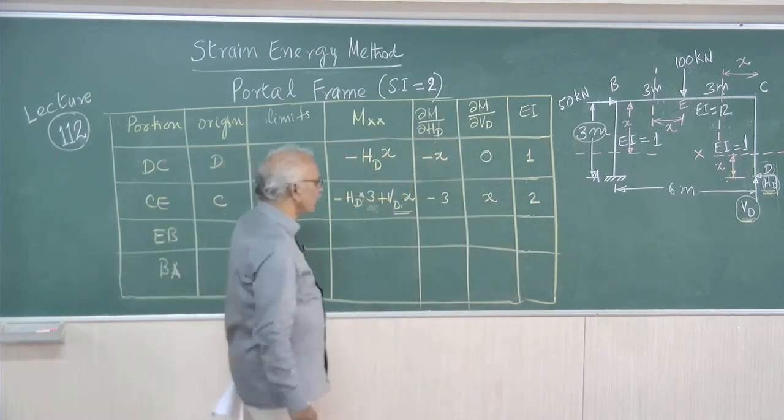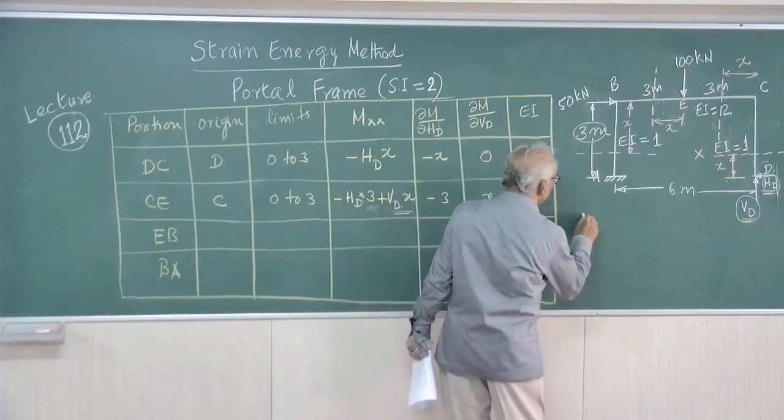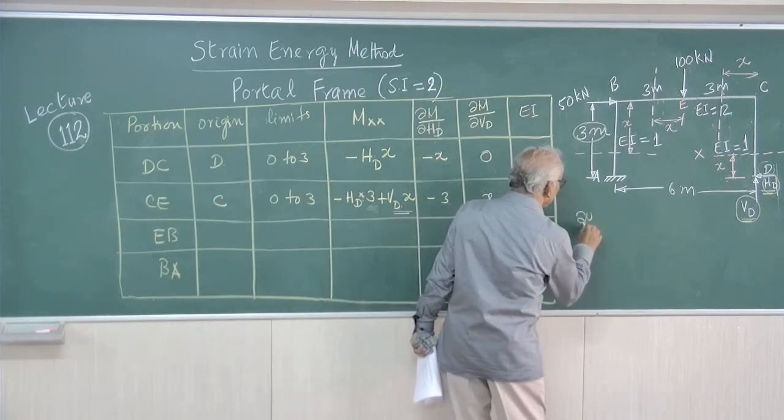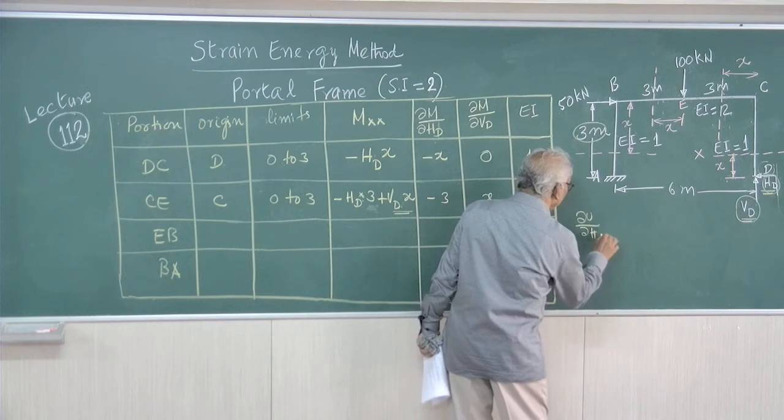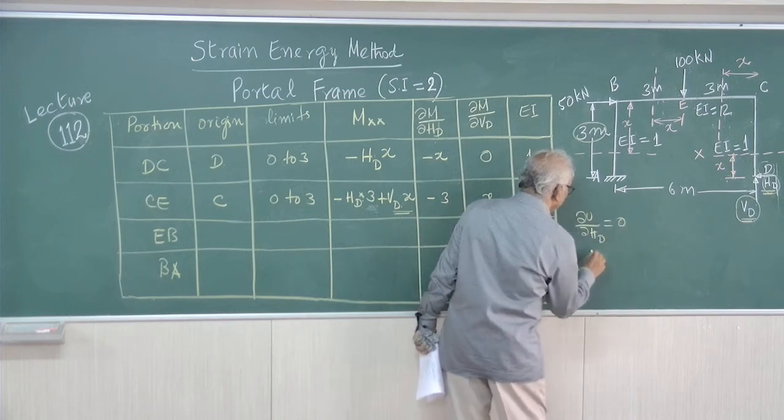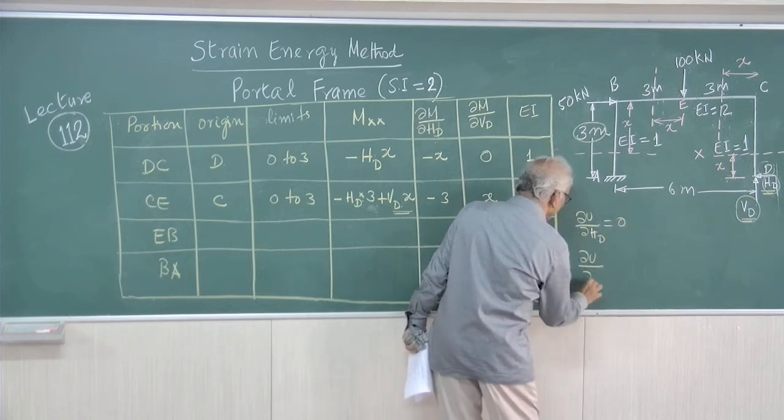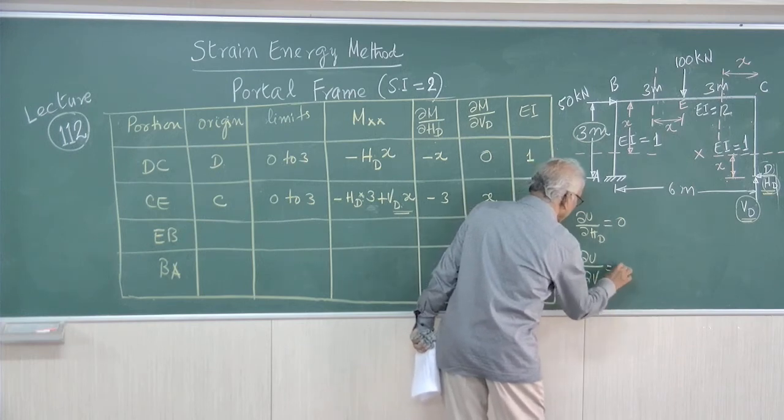We are going to make use of the formula: dou U by dou HD equal to 0, and dou U by dou VD equal to 0.